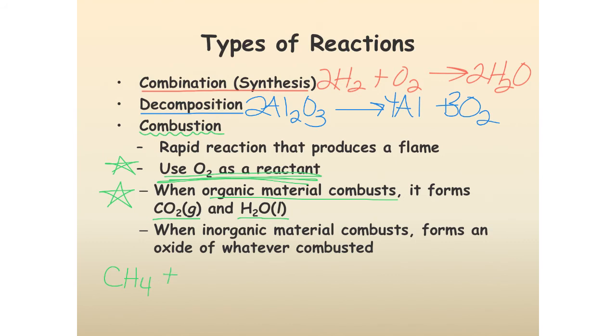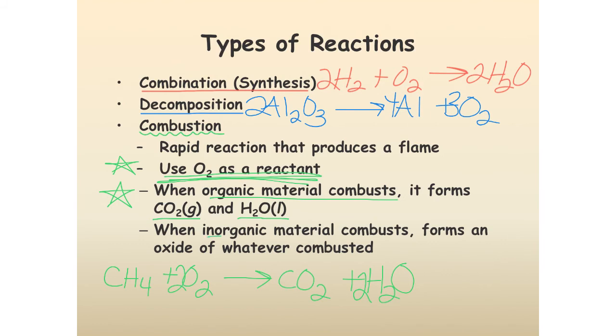So if it's combustion, you know it's got to react with O2, and you know that it produces carbon dioxide and water, and then also some heat since it's a combustion. And then we would need to balance it, so we have to put a 2 in front of the water and a 2 in front of the O2. So combustion of an organic material always produces carbon dioxide and water.